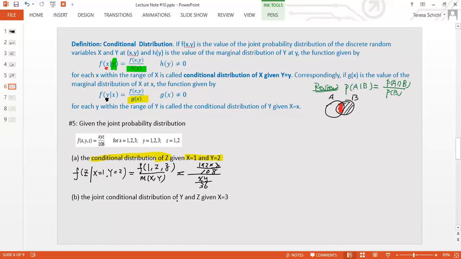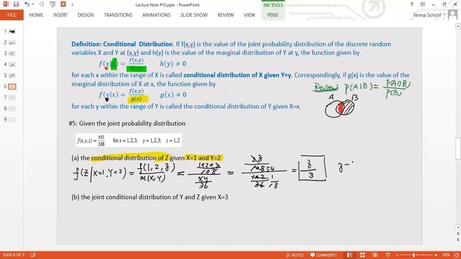If you simplify, this is 1 over 54 divided by 1 over 18, and the final answer is z over 3. So this is the conditional distribution.